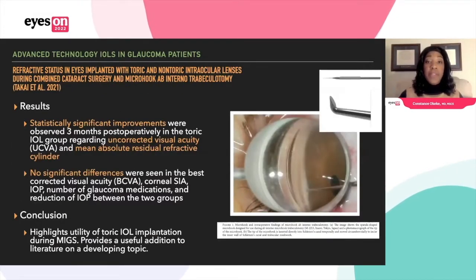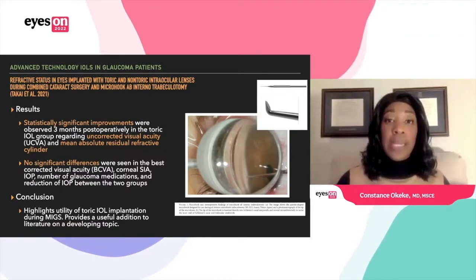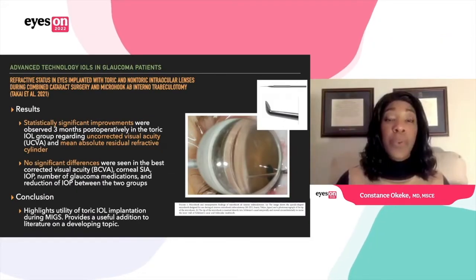What they found is that there were significant improvements in the uncorrected visual acuity, very similar for both groups. In the group that had the toric lens, there was a statistically improved outcome compared to the non-toric or monofocal lens, but there wasn't any difference in terms of their best corrected visual acuity or their surgically induced astigmatism.